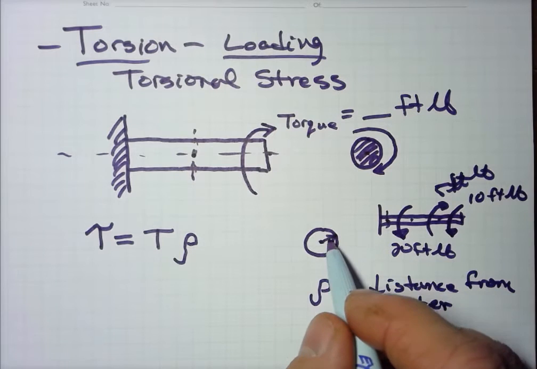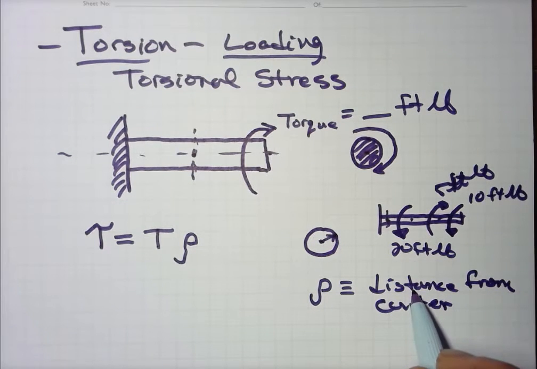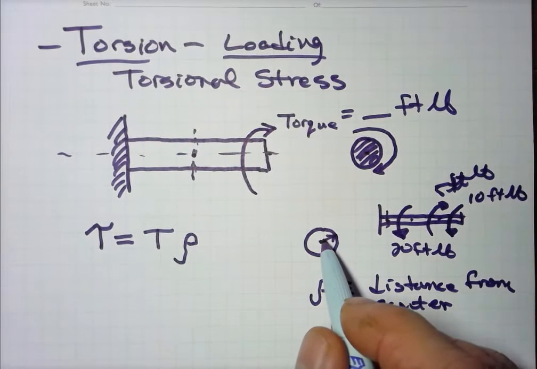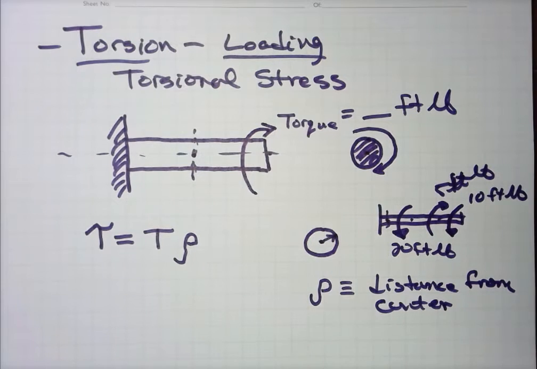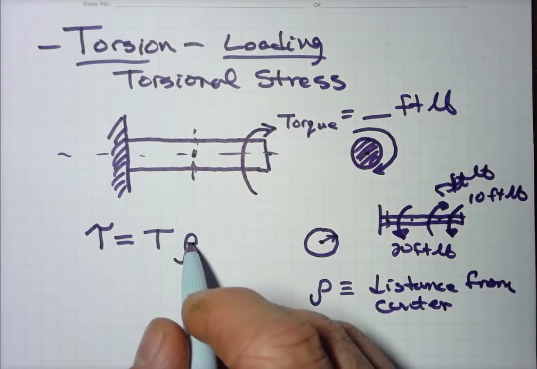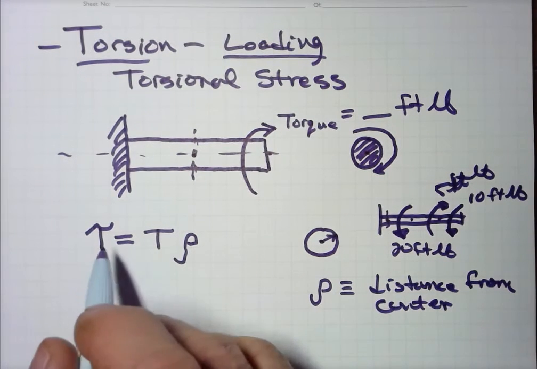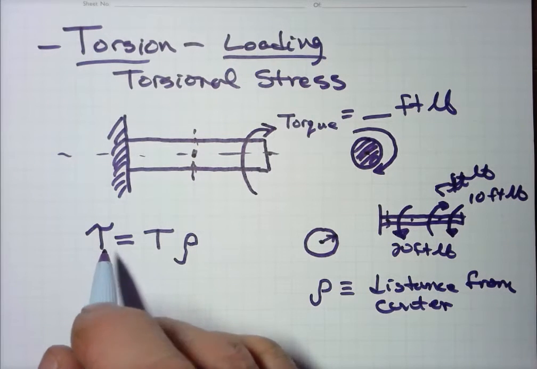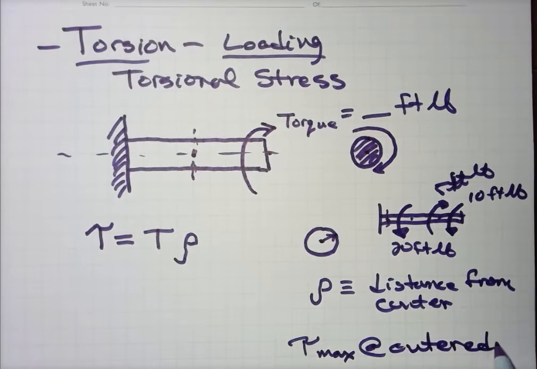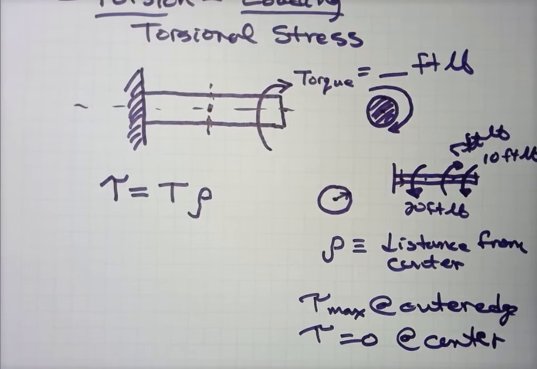At the radius, rho is the radius, so we could go tau equals T times the radius, and maybe we're 1 inch or 2 inches or 6 feet or whatever. As you go from the center towards the outer edge, rho increases, the distance from the center increases, and the shear stress increases. Therefore, we can say that shear stress is maximum at the outer edge and shear stress equals 0 at the center.